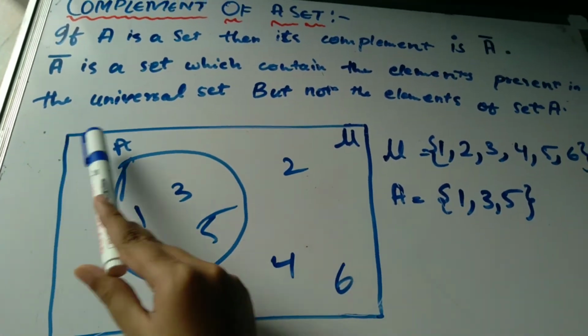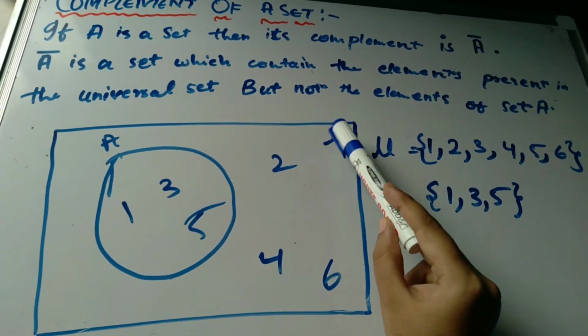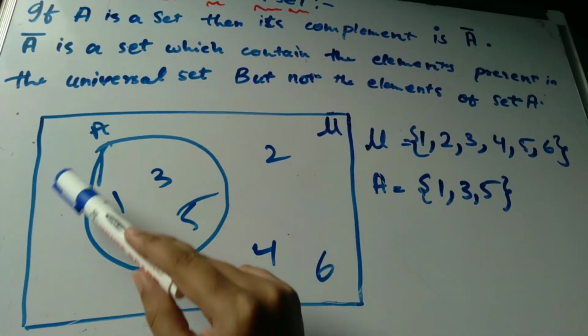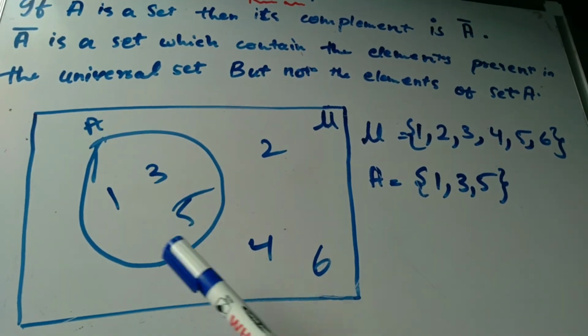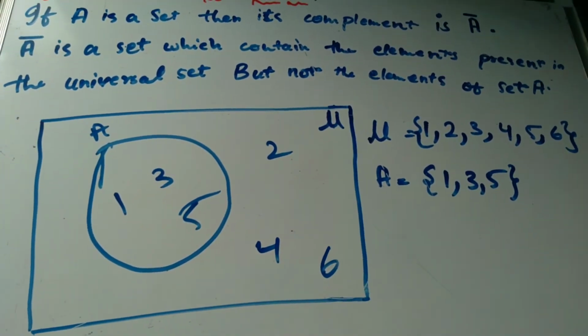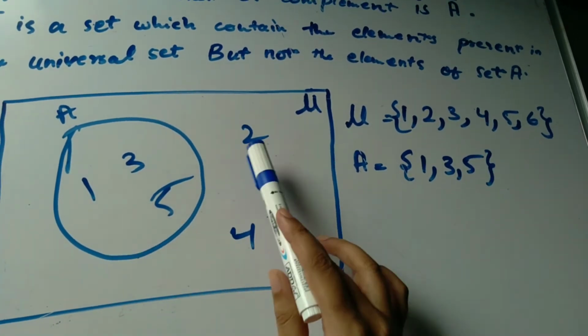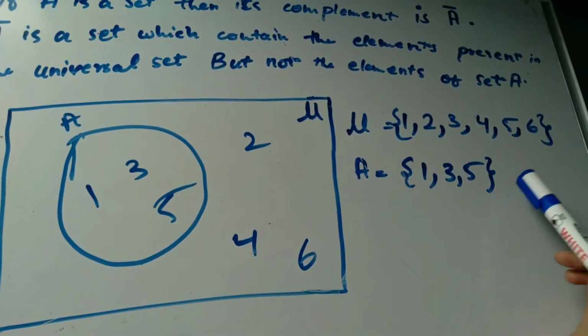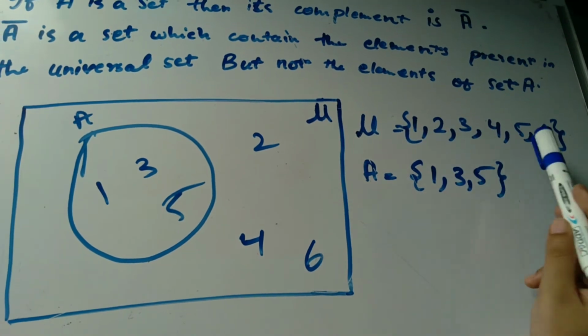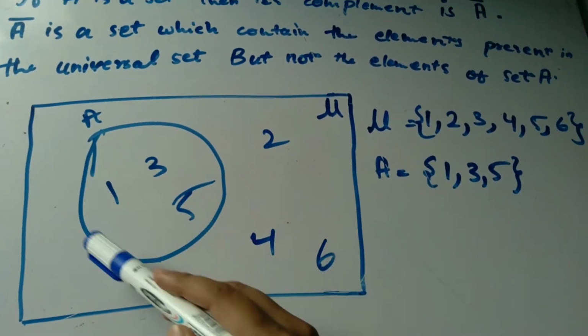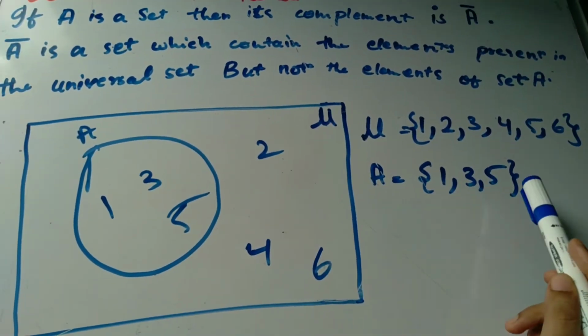So I will explain it in a Venn diagram. What is the universal set? The universal set is a set which has elements of other sets and its own elements also. So here the universal set is 1, 2, 3, 4, 5, 6. And what are the elements in A? 1, 3, 5.